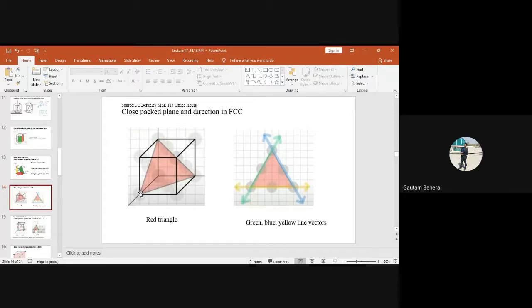So this will be your origin. Because for a direction, the origin must be present there, the particular direction will intersect the origin.